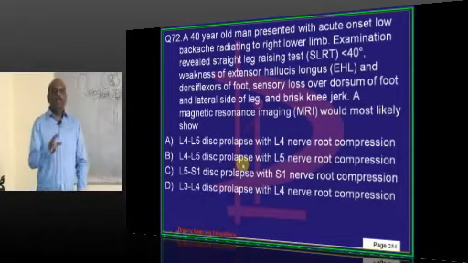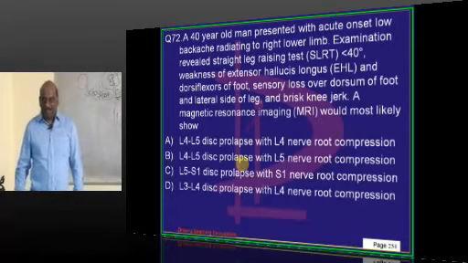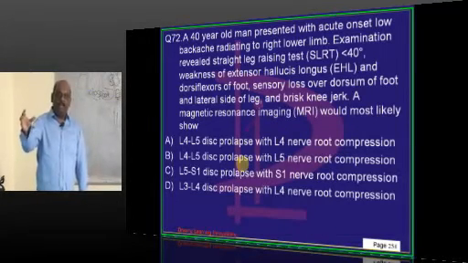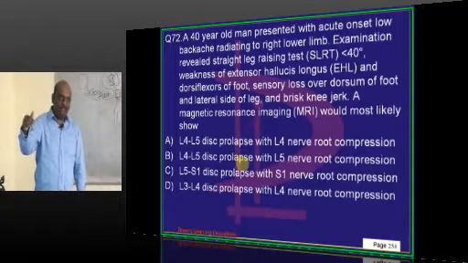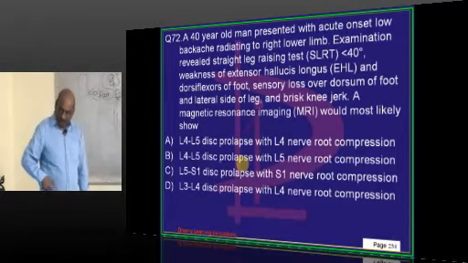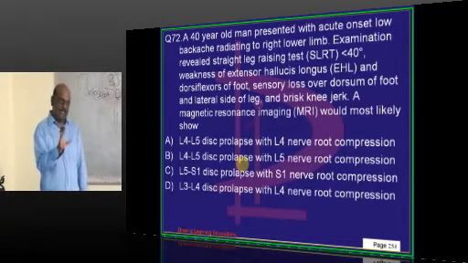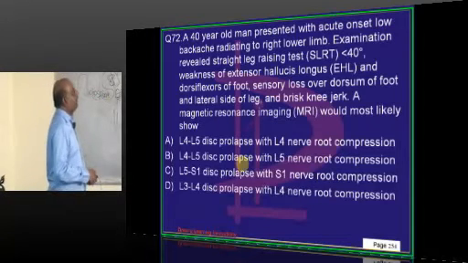In this country, disc prolapse is the favorite question of the examiner. Depending on the level of the compression, L4, L5, L5, S1, L3, L4, how will be the reflexes, muscle weakness, sensory disturbance? You have to localize the lesion. Is a very, very important question.